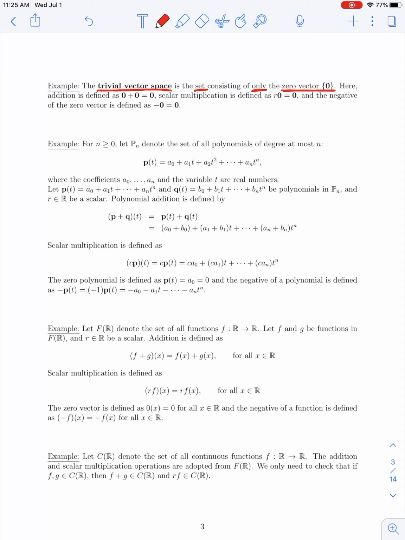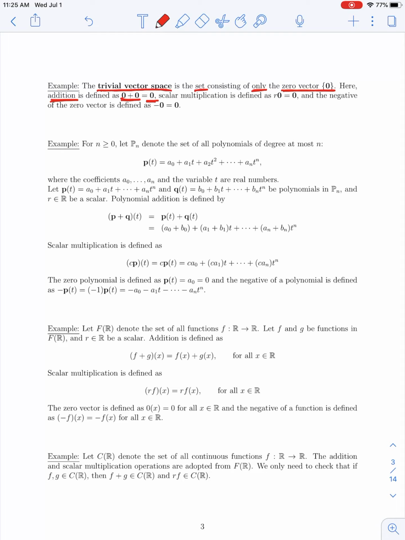If we have a set consisting of only the zero vector, then we can define addition as the sum of any two elements in this set. Since the only element in our set is the zero vector, the only possible sum we could have is 0 plus 0, which is 0 itself. So it is closed under vector addition.